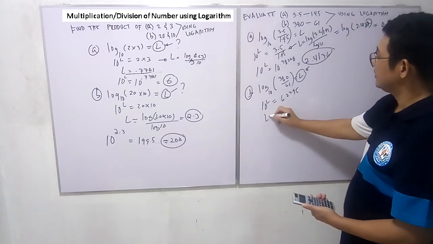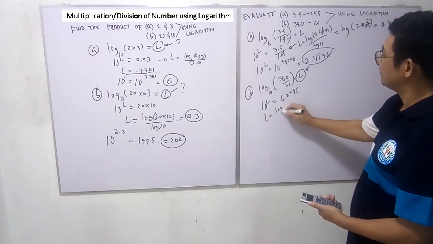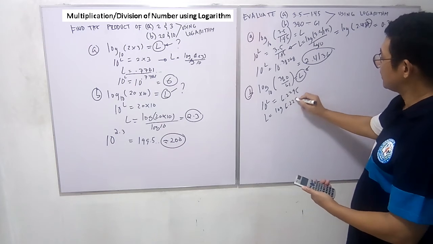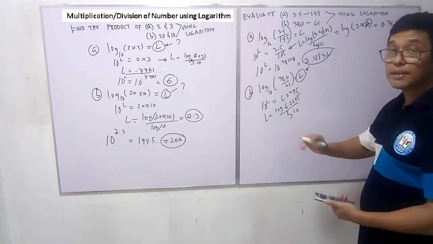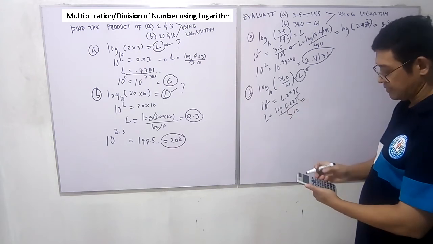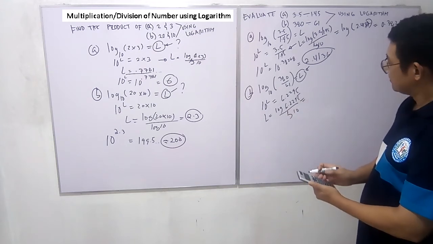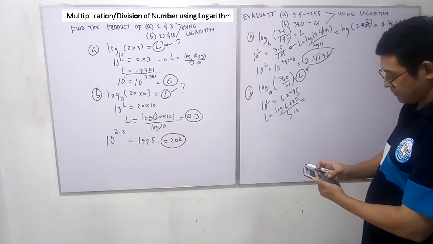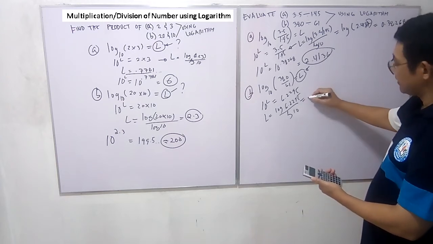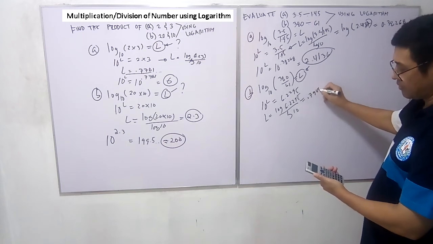So, L equals to log of 6.2295 over log of 10. But log of 10 is 1. Ang value ng L ay 0.7944.